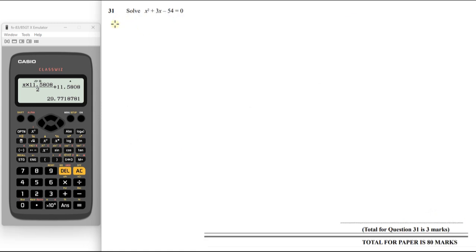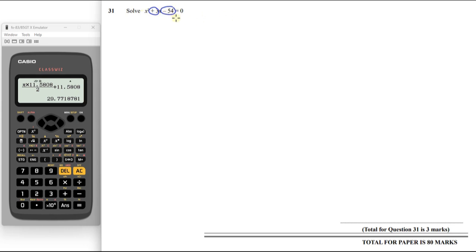Question 31, and this is the final question of the paper. Solve x squared plus 3x minus 54 is equal to 0. So whenever we have a quadratic equation like this, we need to find 2 numbers that multiply together to give this number, so negative 54, and they need to add together to get this number here, so plus 3.